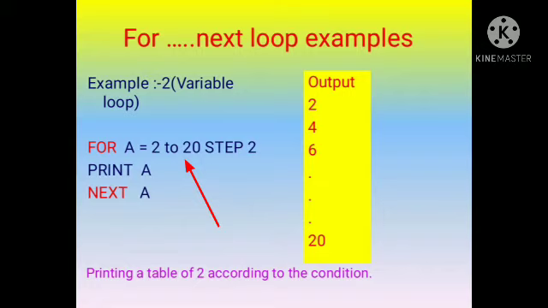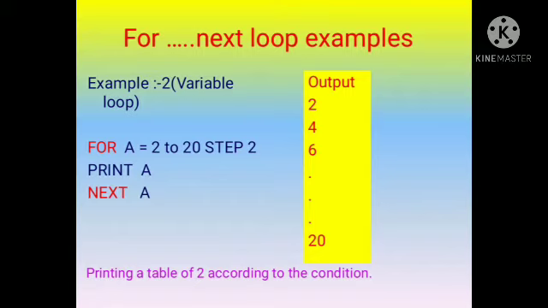In between those values, Step 2, it means we have to increase the value by 2 each time it gets printed. Then we have to print a, whatever the value of a, first it is 2, then in front of Next we have to write a, and it will get checked that it is between 2 and 20.